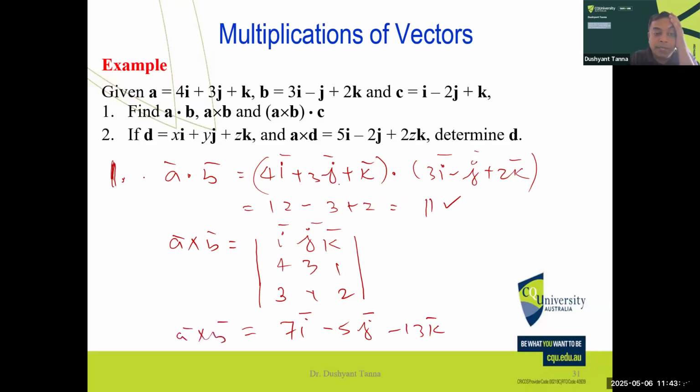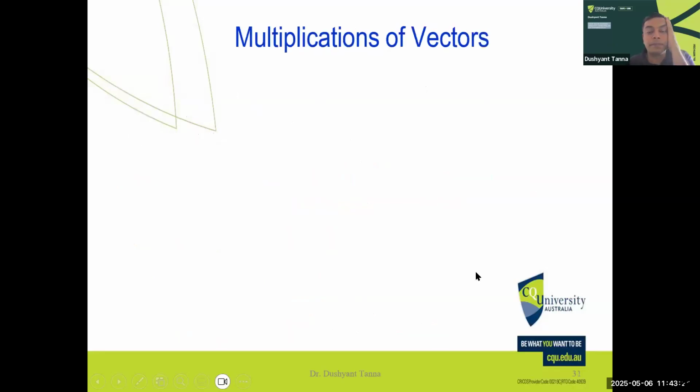So we did the first bit. We did the second bit. We still have this vector triple product, A dot B, A cross B dot C. Now you get two choices of doing it.